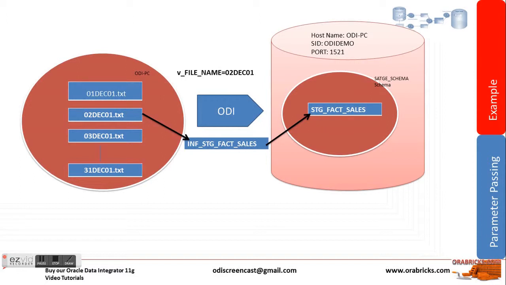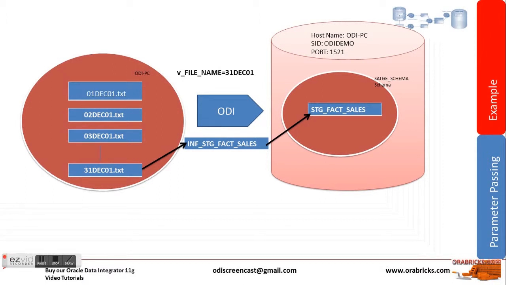Now you are going to process the 02 December 01.txt file by changing the value of the variable, then 03 December 01.txt, and so on up to 31 December 01.txt. In this way you process all the files and load the stg fact sales target table using this mapping inf stg fact sales.